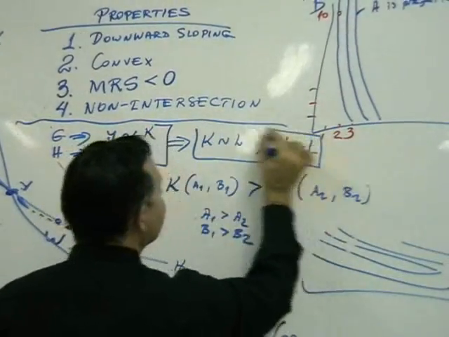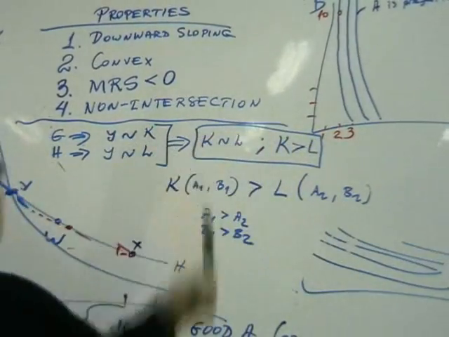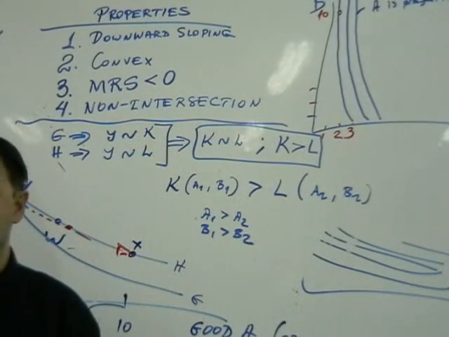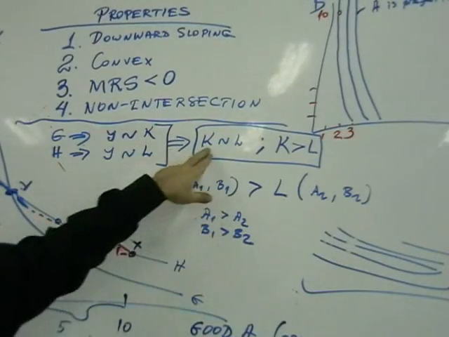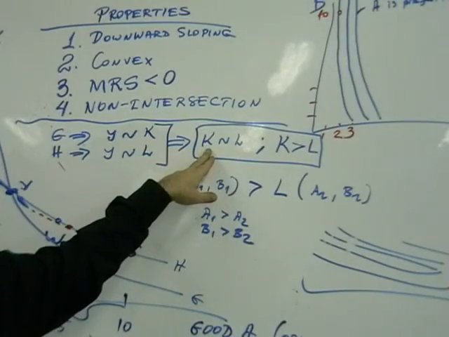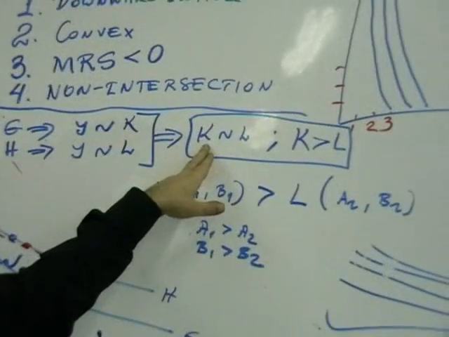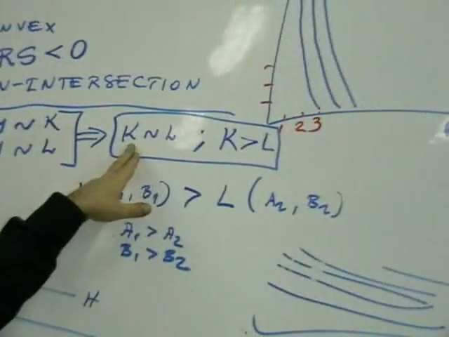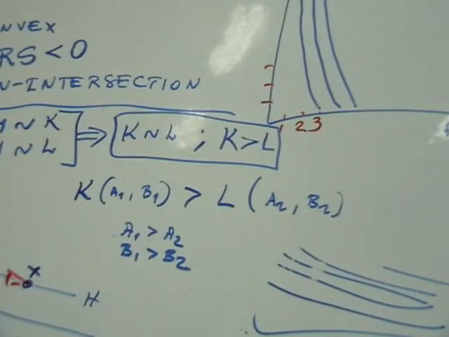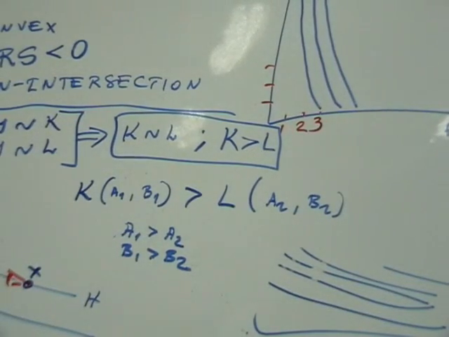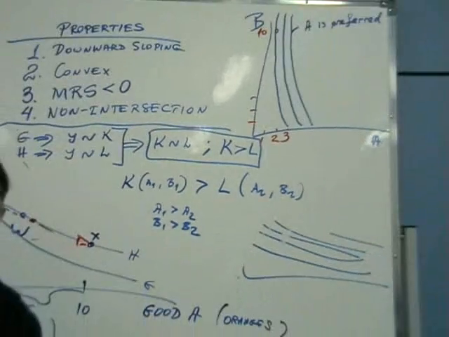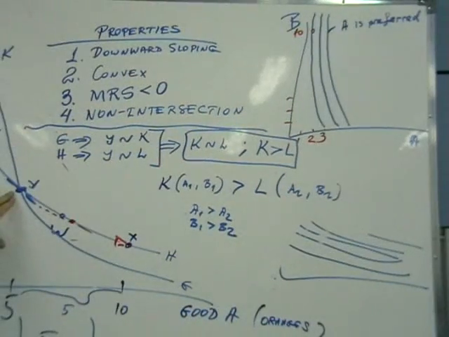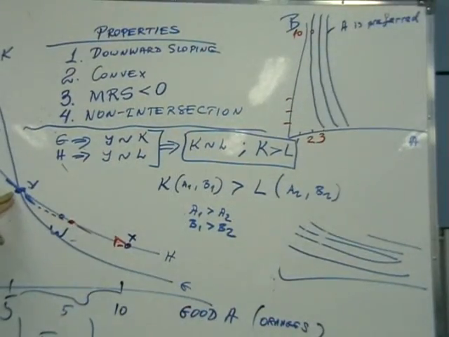Well, this violates our original assumption. All right? In other words, in mathematics, how do we call what I just did? Contradiction. I arrived at a contradiction. I said, assume that the two curves intersect.